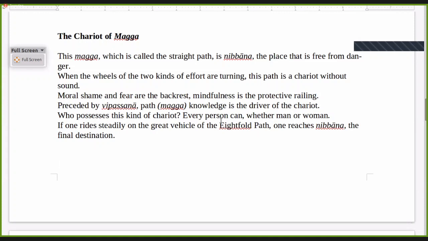So kayanupassana satipatthana, contemplation of the body, vedananupassana satipatthana, contemplation of feeling, cittanupassana satipatthana, contemplation of consciousness, and dhammanupassana satipatthana, contemplation of the Dhamma, are called the protective railing of your mega vehicle.